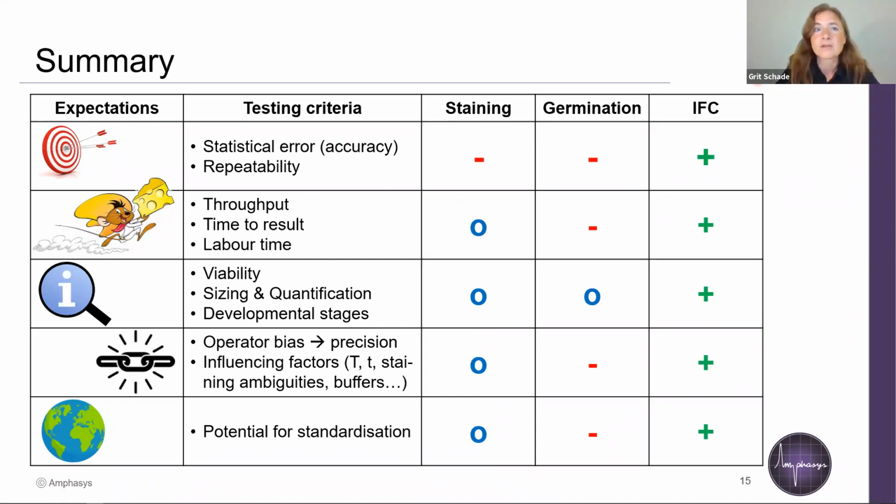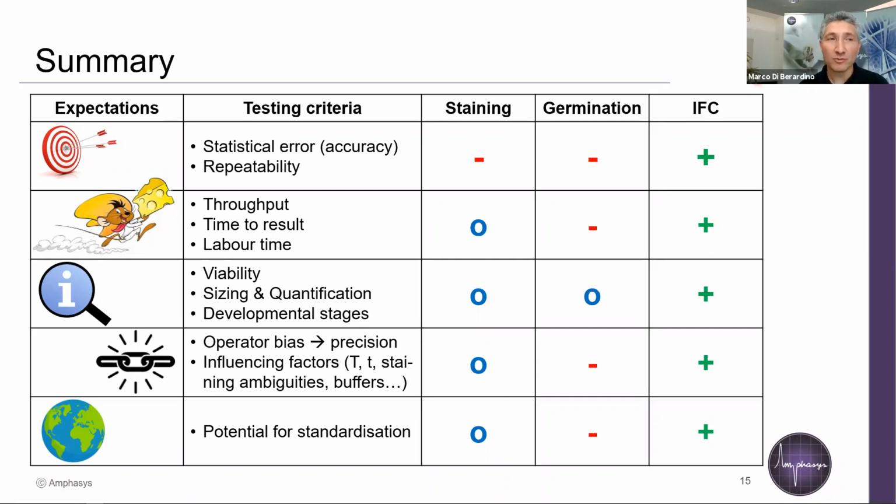There came up some questions about the comparison of the different methods. Which kind of comparison would you make? Would you go for staining or would you go for germination if you compare these methods with our one? Well, it's a really good question. I guess that I mentioned it. There is basically no standardized method right now. So you cannot just rely on a standardized method.